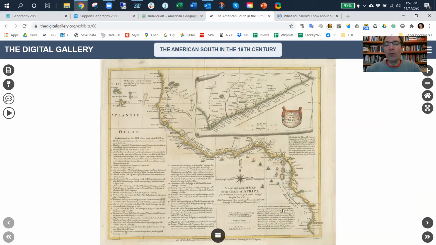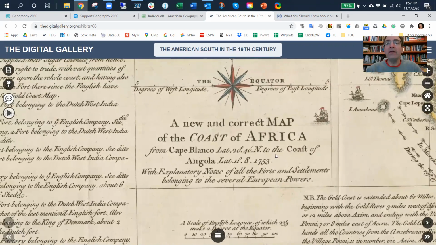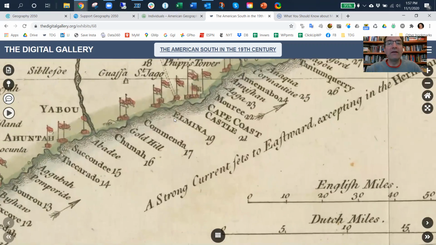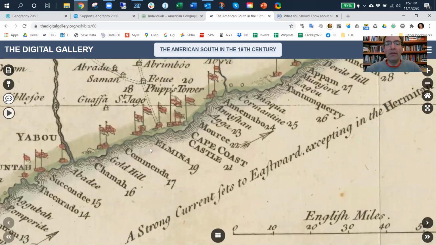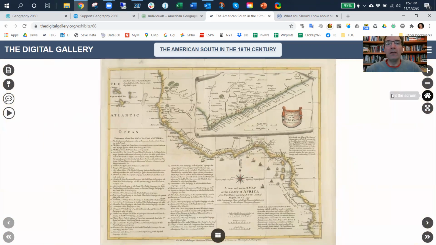So there was a whole marketplace feeding the American demand for slaves. And you can see the flags of the competing countries on the west coast of Africa here highlighted. This map was intended to grow support for the British investment in all these trades.